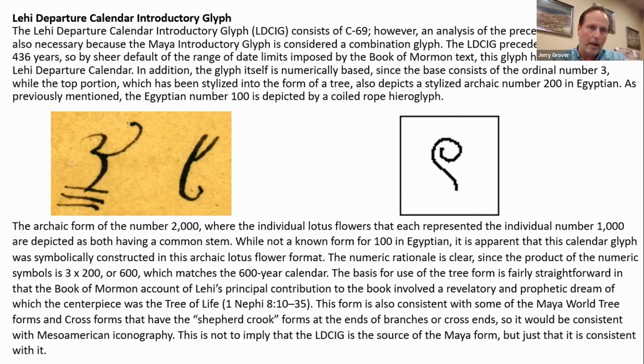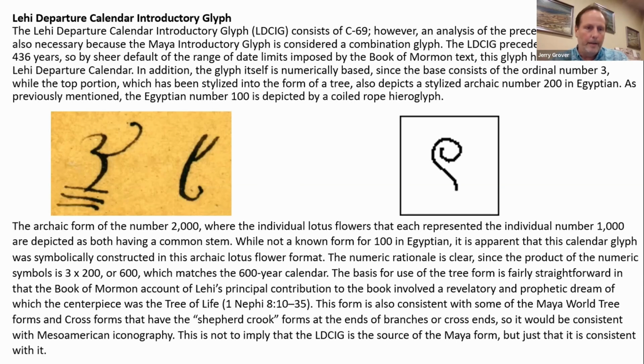So you kind of have a stylized tree, if you want to call it that, which may actually be representative of the tree of life reminder. They also represent 200. So you have 3 bars, which can also be 1s multiplied by 200s, and you get 600.